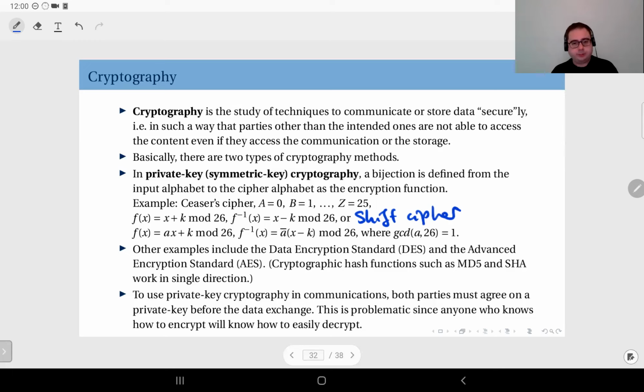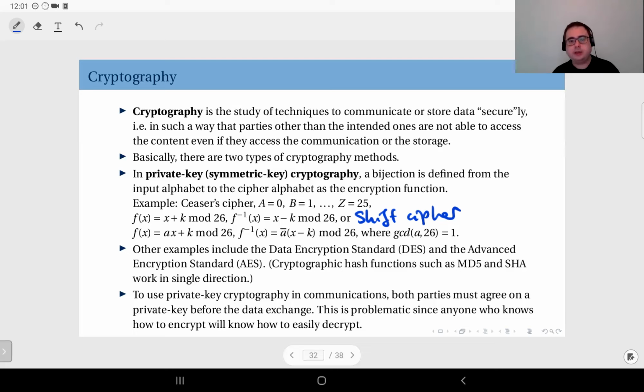X plus K modulo 26. 26 is the number of symbols here. And any letter here is just shifted by K, but in a cyclic manner, of course, because you do not move above 25. So if K is 1, for instance, A becomes 1, B becomes 2, C becomes 3, etc., up to Y becomes 25, and Z itself becomes 0.